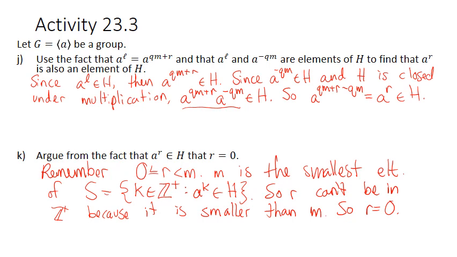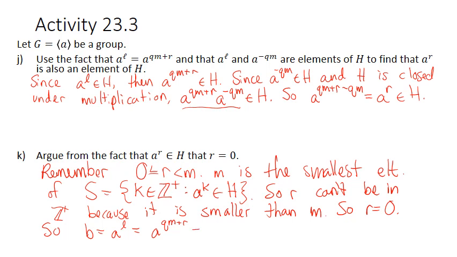Why does that prove that every subgroup of a cyclic group is cyclic? So what this tells us is that, remember where we originally got the r from? Remember we found that b was equal to a to the L, which was equal to a to the qm plus r.